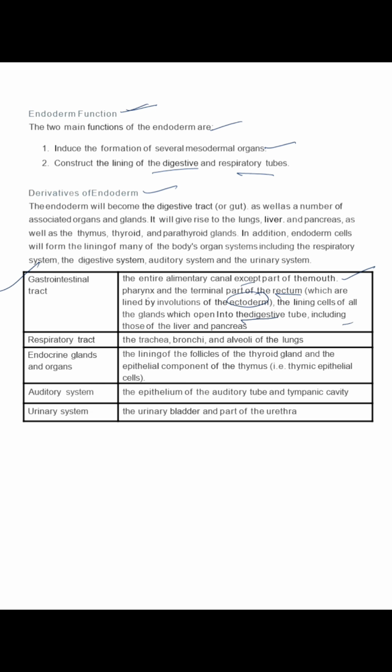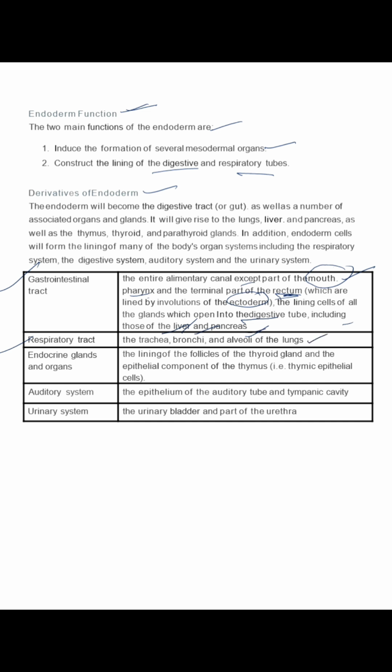So here it is forming all the lining of the gastrointestinal tract, but it is not lining the mouth, the pharynx and the terminal part of the rectum. And it is lining the liver and the pancreas also. In the respiratory tract, it is lining the trachea, bronchi, alveoli. It is common in the lungs of all animals.